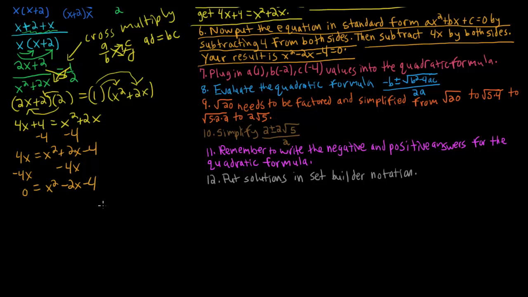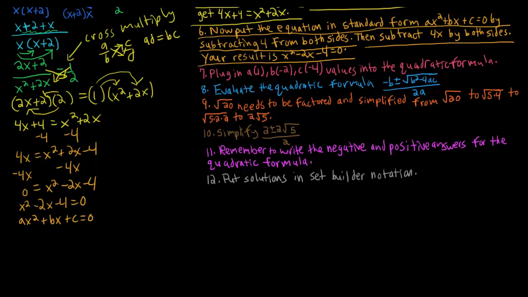And right now, actually let's turn it around. So just put x squared minus 2x minus 4 equals 0. So this right here is our standard form, ax squared plus bx plus c equals 0.